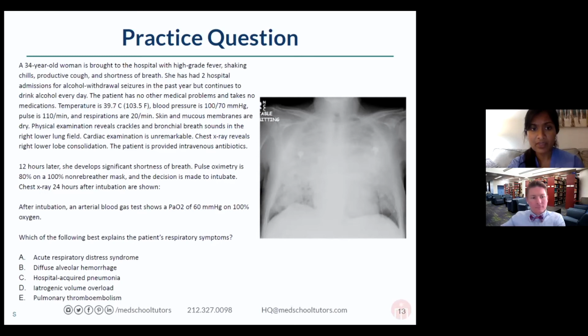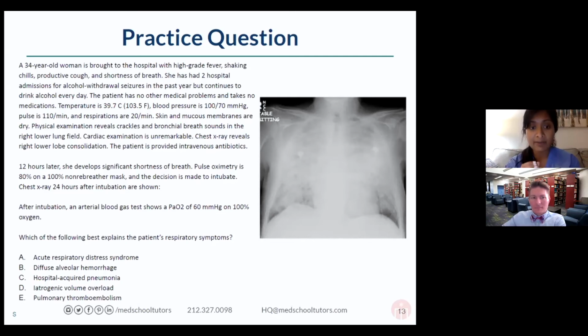Looking at this, again, diffuse bilateral fluffy infiltrates. That should already be priming you based on my wording alone for a certain answer. But the big thing is that this patient is a perfect setup for ARDS, because of this pneumonia, poor substrate, and this history of alcohol withdrawal seizures particularly.